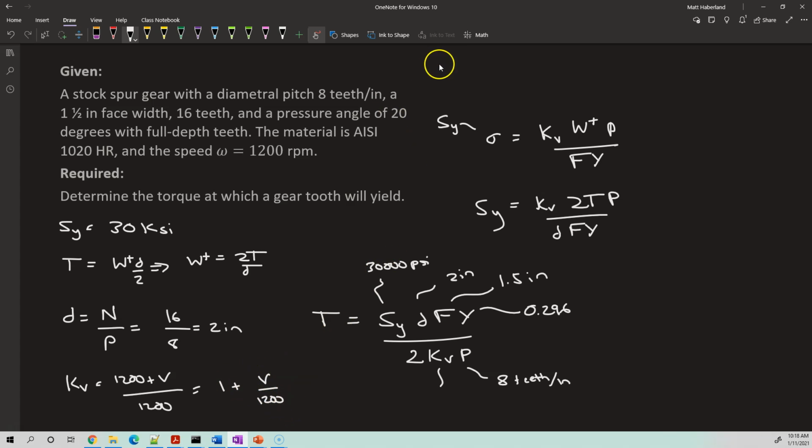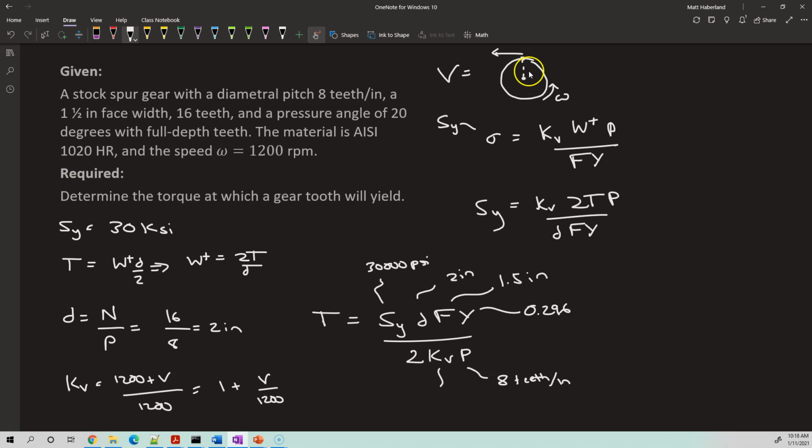So V in this case, we need to think about, okay, so here's our gear, and it's rotating at omega. We want to figure out how fast this point here is moving in feet per minute, right?